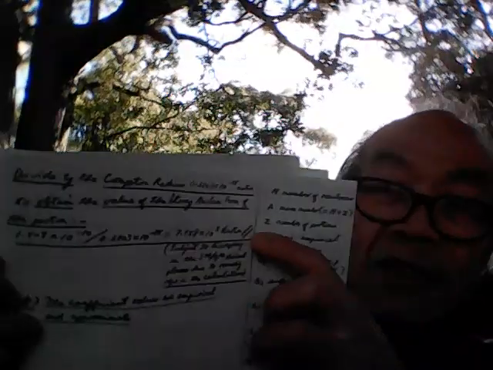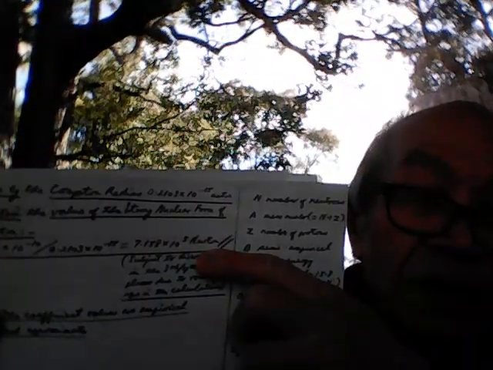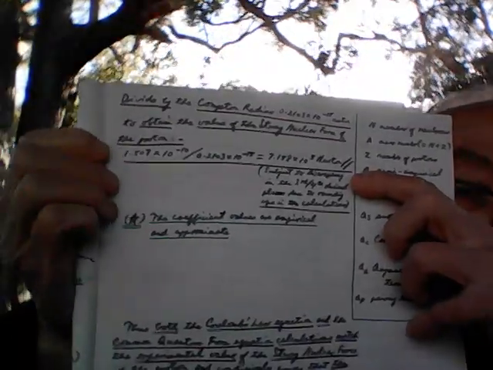Once again, whenever you have an energy potential, you have to divide it by the Compton radius to get the force. So you divide by 0.2103 times 10 to the power minus 15, and so you get 7.158 times 10 to the power 5 newtons. It's the same.